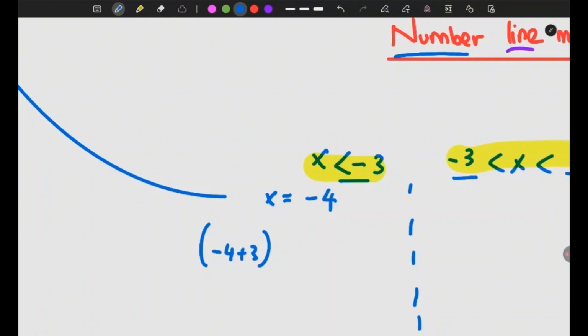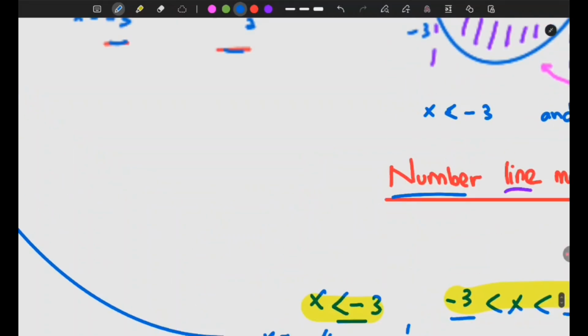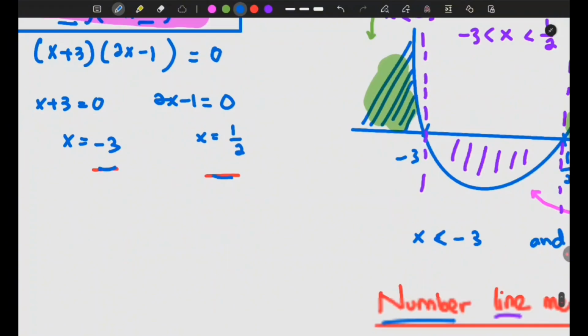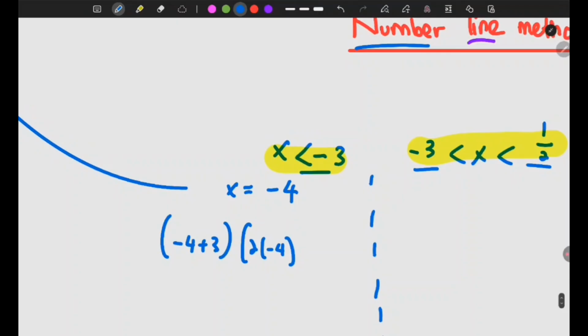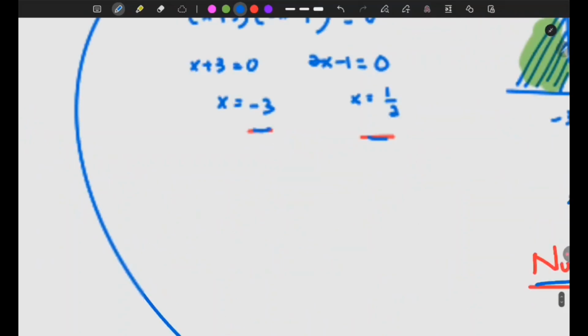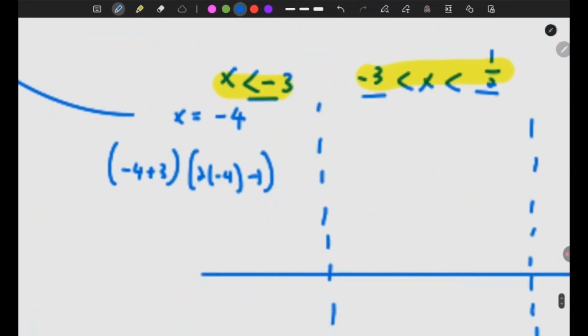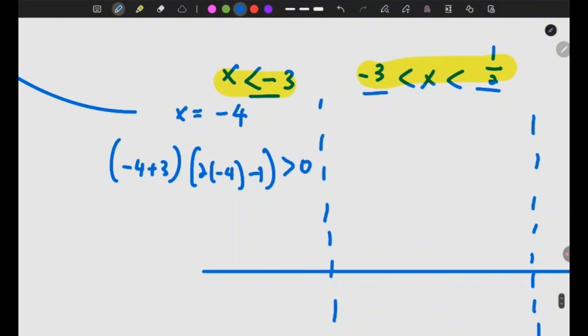(-4 + 3)(2x - 1), so 2 times your x, which is -4, minus 1. This is more than 0, correct? And what are you getting? Just press in your calculator. Negative 4 plus 3, you get negative 1. 2 times negative 4 is negative 8.